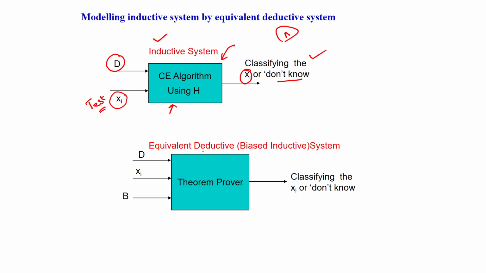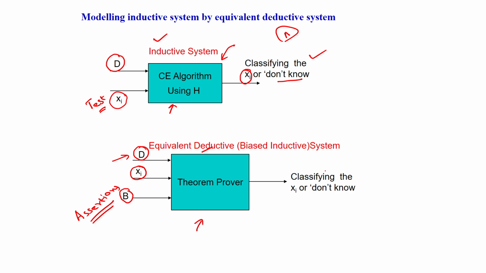The equivalent system is given here using the deductive system. Here you see the data set is given, meaning the learned knowledge is given, and the new testing sample is also given, and additionally we are giving the assertions, that is, some assumption rules. Okay, some assertions are provided to the deductive system.